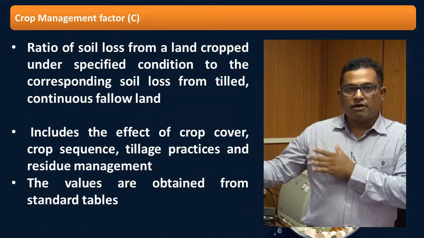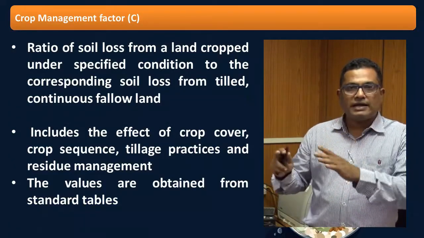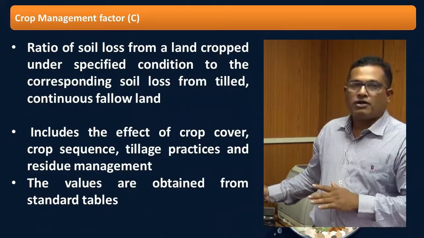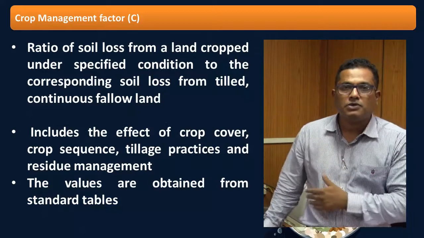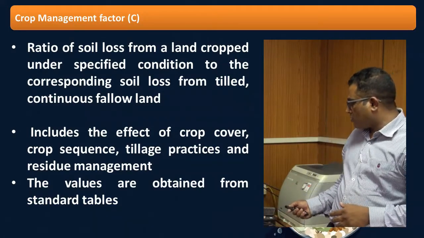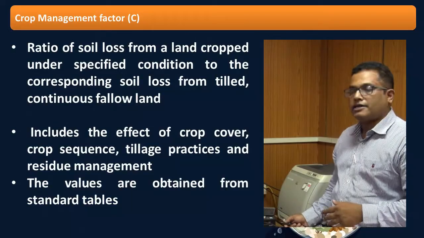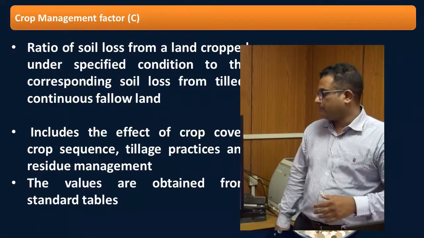If it is fallow and clean tilled land, then the value would be 1. That means the land would be more susceptible to soil erosion. So this includes the effect of crop cover, crop sequences, tillage practice and residue management. These values are obtained from standard tables again.